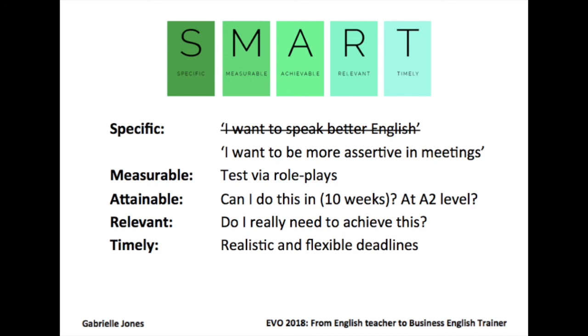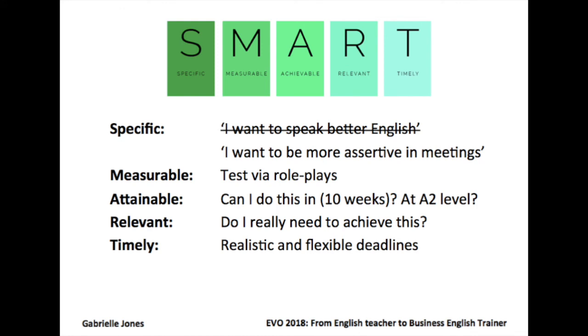Relevant means, do I need to be able to achieve this goal? If I'm a secretary and all I do is answer the phone, do I need to be assertive in meetings? Do I need to give international presentations? If the answer is no, then maybe people need to reflect on more appropriate and more relevant objectives. And finally, is my goal or my objective, is it timely?